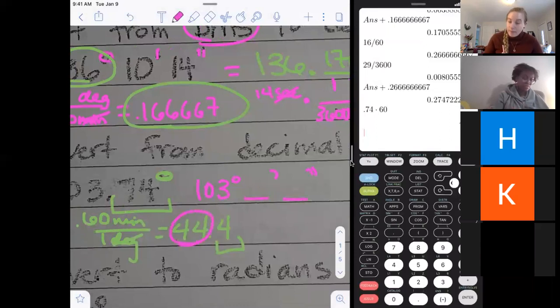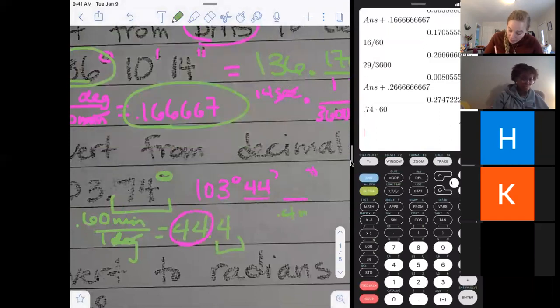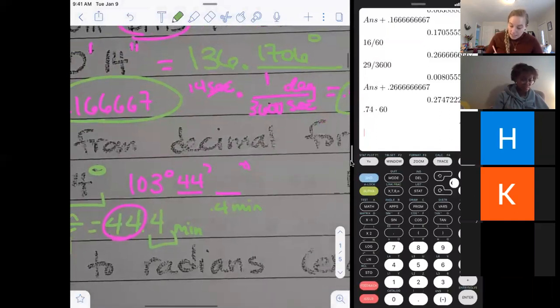We just found the amount of minutes, that's 44. And then to find seconds, I'm going to do 0.4, that's in minutes. We're going to do 0.4 minutes times, and this time 1 minute has to be on the bottom. And then how many seconds are in 1 minute? 60 seconds.